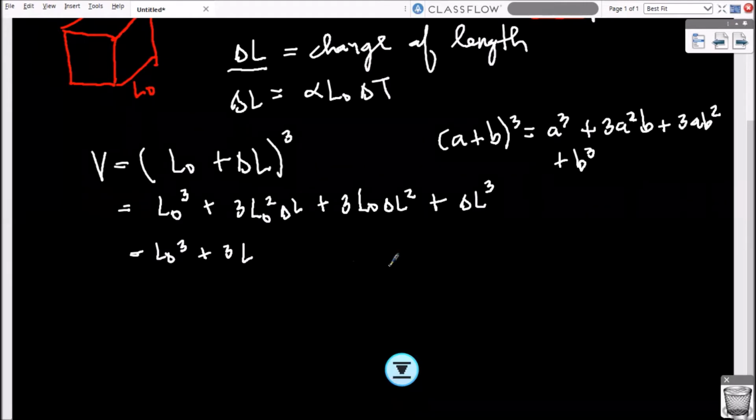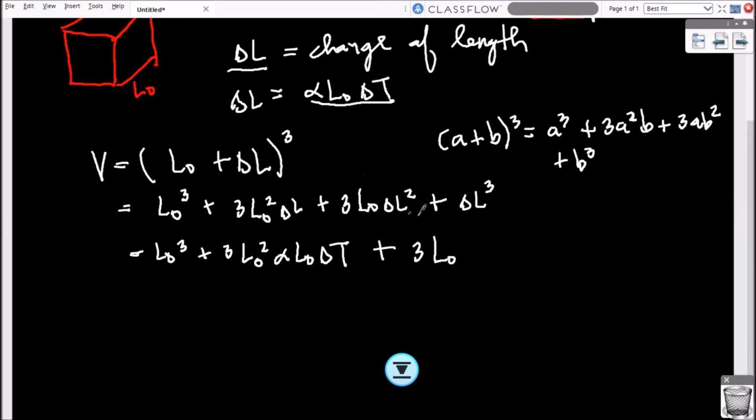Right. So you have 3 L of O squared. And what is delta L? Delta L is alpha times L of O delta T, where alpha here is the coefficient of linear thermal expansion. So let us substitute delta L by alpha L of O delta T, plus 3 L of O. Let us again replace delta L by alpha L of O delta T, and we'll need to raise this to the second power.